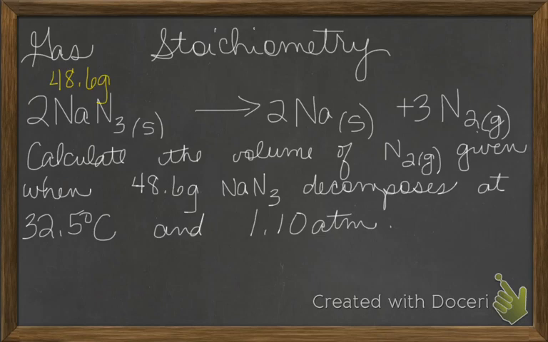So we're starting with an amount of sodium azide. We're asked to calculate a volume of nitrogen. Nitrogen is the gas. So this is where we're going to use PV equals nRT. We're looking for a volume of nitrogen.